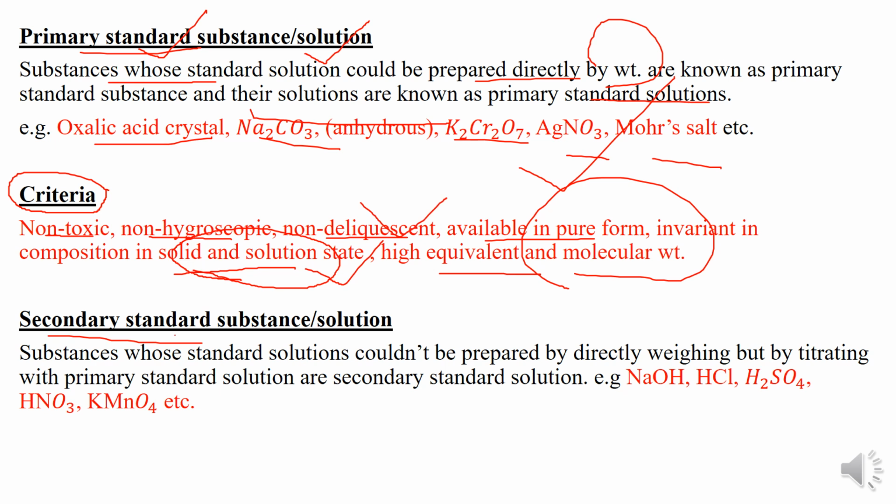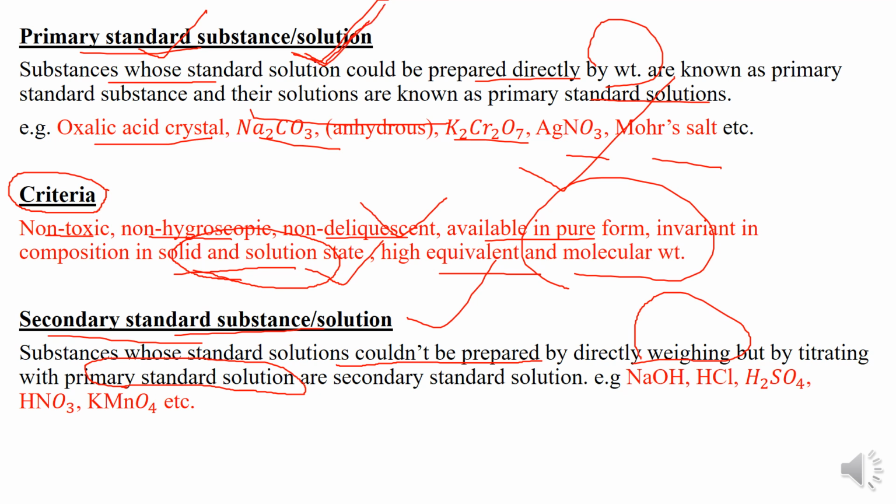Secondary standard substances are substances whose standard solutions cannot be prepared by directly weighing, but are prepared by titrating with a primary standard solution. With the help of primary standard solutions, the concentration of the secondary standard solution is quantified. To calculate the concentration or strength of a secondary standard solution, we depend on primary standard solutions.